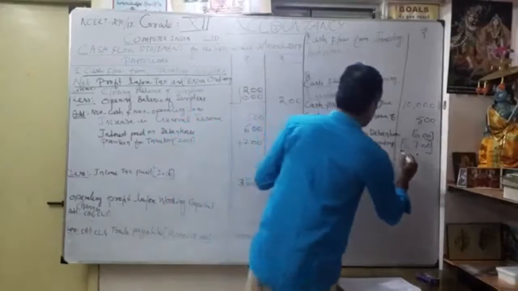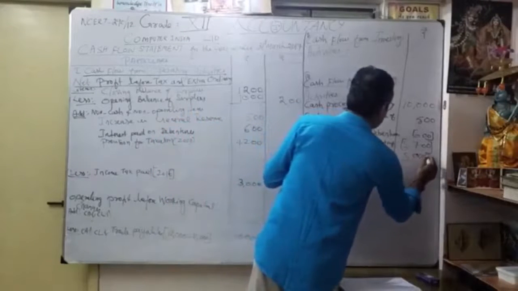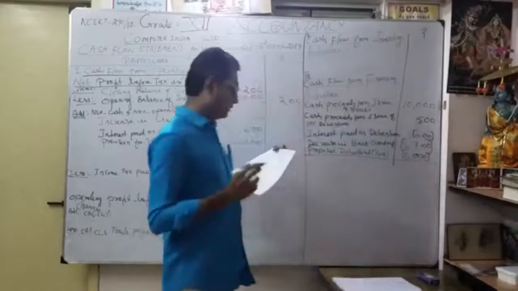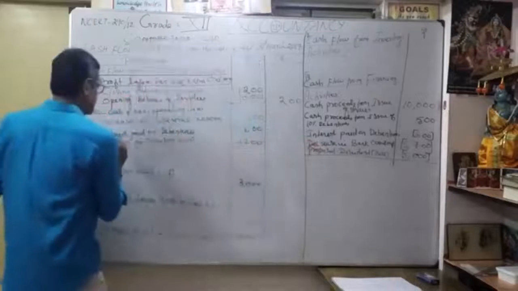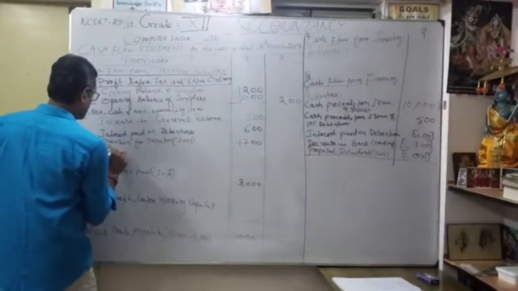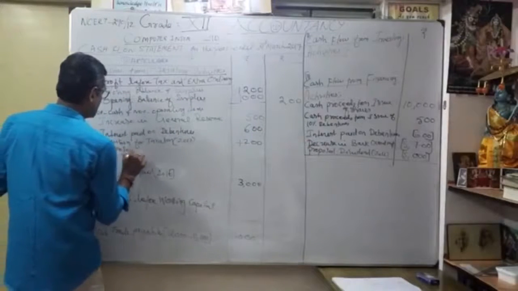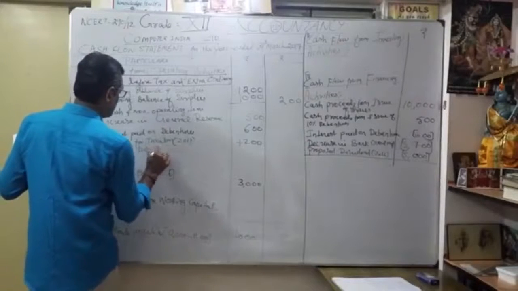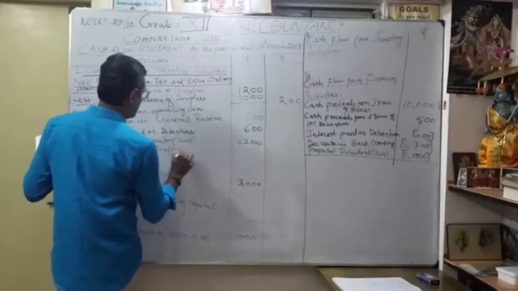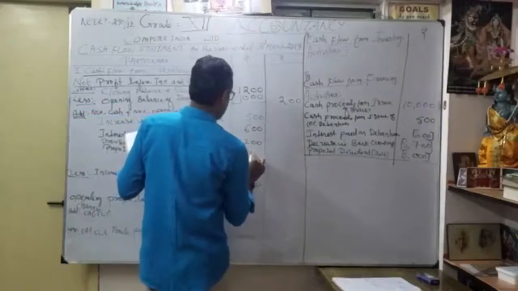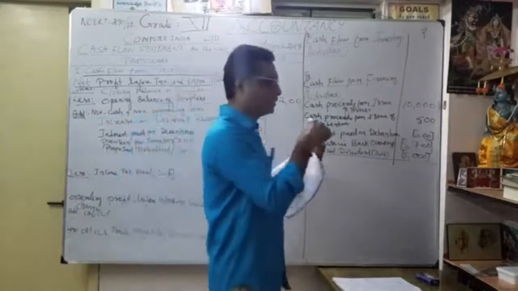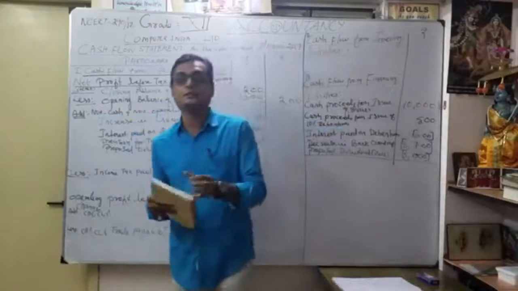That is 5,000. So put in the bracket. The cash outflow. So proposed dividend for current year, how much did you propose? 5,800. This I am going to write here. Proposed dividend, 5,800. Now understood how the provision for taxation and proposed dividend work.